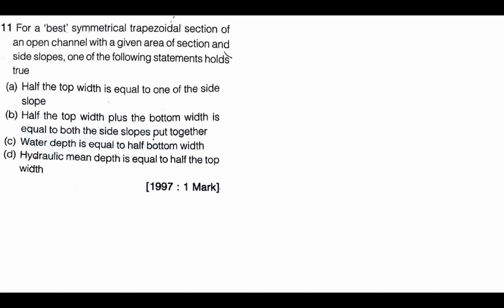For a symmetrical trapezoidal section of an open channel with a given area of section and side slope, one of the following statements holds true. Symmetrical trapezoidal section means your channel looks symmetrical, meaning the side length of the channel, let's suppose this L and this L, will be equal.